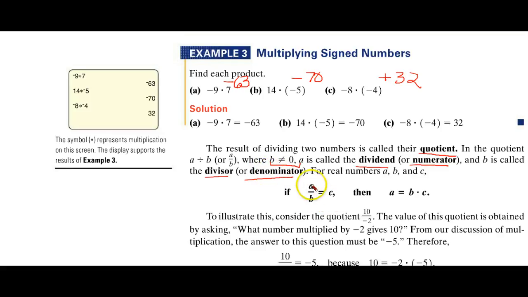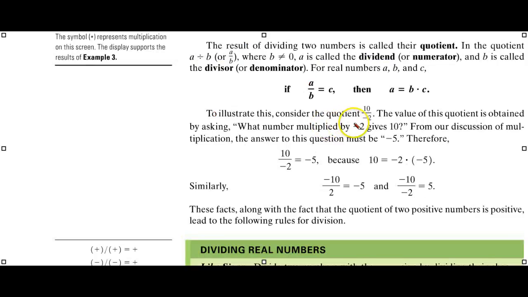And we say if A divided by B equals C, then A equals B times C. We call multiplication and division related processes. Now, the rule for the signs when we divide: if they are like signs, both negative or both positive, the result, the quotient, is positive.